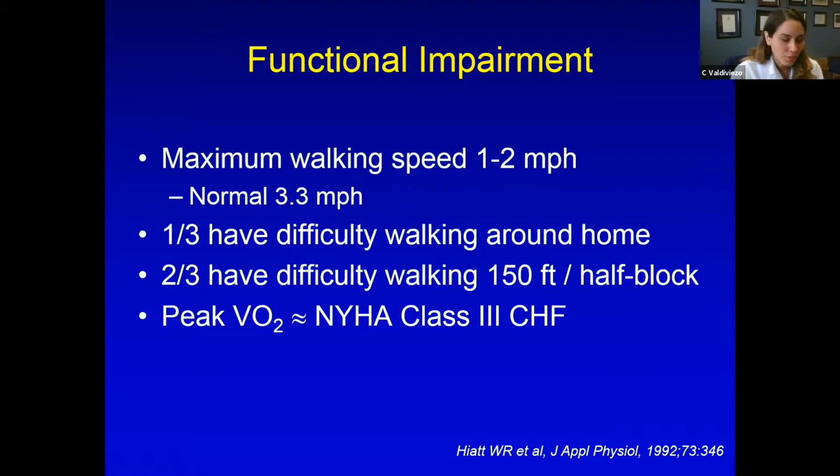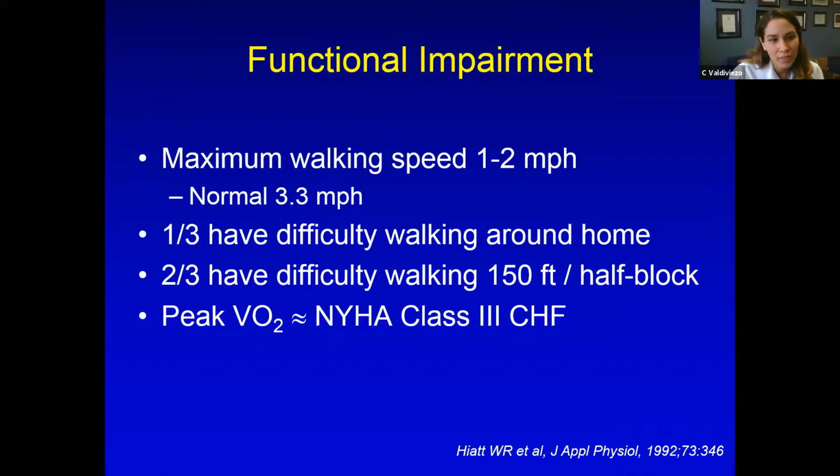Other measures of determining disease severity include functional impairment. Having a maximum walking speed of 1 to 2 miles per hour is significant functional impairment. The normal speed is considered 3.3 miles per hour. Of course, I don't think I know any patient who would be able to tell me what their walking speed is.